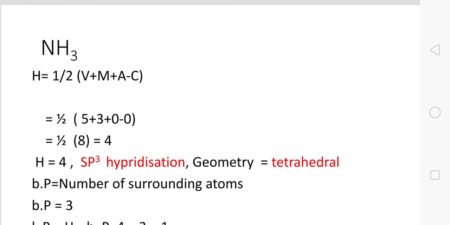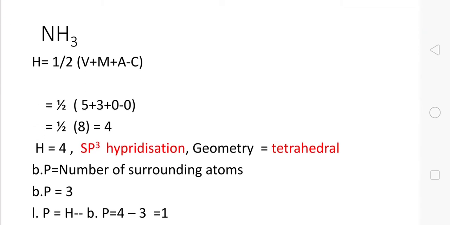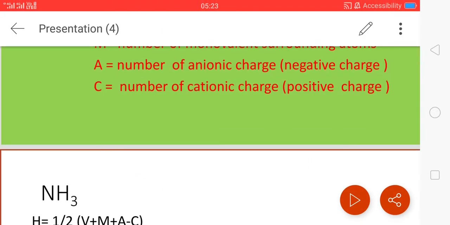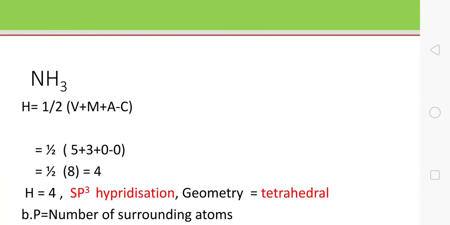Here one example is given, ammonia. Hybridization number is equal to half into V plus M plus A minus C. So half into, what is the valence electron of nitrogen? Here nitrogen is the central atom, hydrogen is the surrounding atom. So the valence electron of nitrogen is 5.